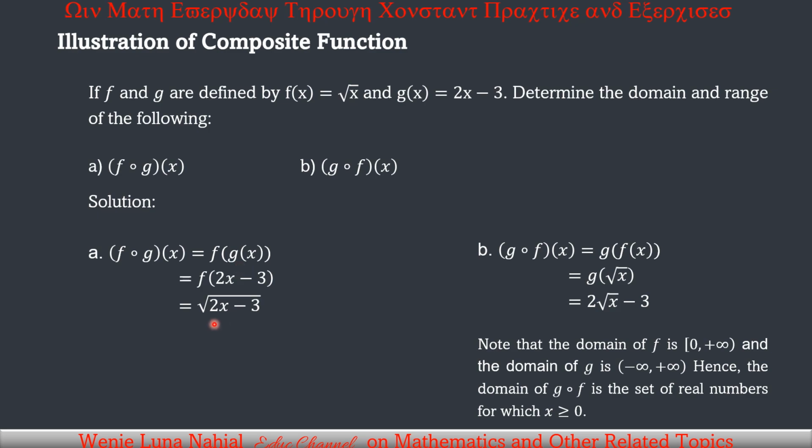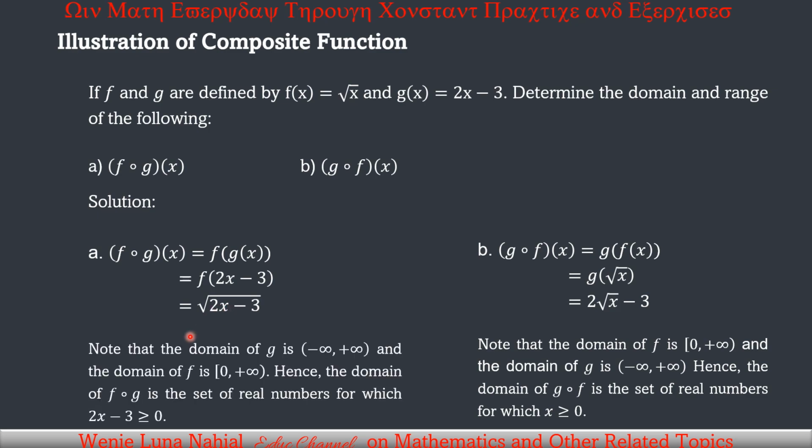Now, for the domain here, we have the domain of function g is the set of real numbers, and the domain of function f is the set of numbers greater than or equal to 0. This one, the square root of x.